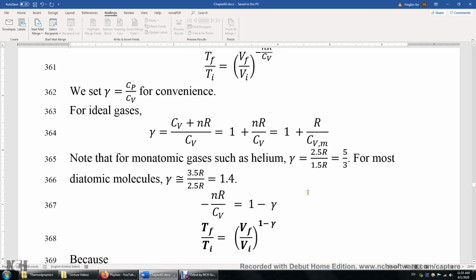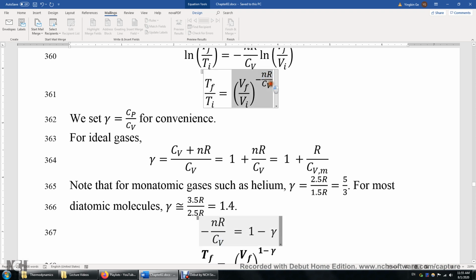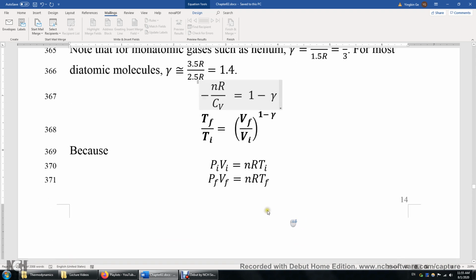Now, gamma minus 1 is simply nR over CV. So we can replace nR over CV with gamma minus 1, and negative nR over CV is simply 1 minus gamma. Therefore, the temperature ratio is the volume ratio to the power of 1 minus gamma in a reversible adiabatic process of ideal gases.